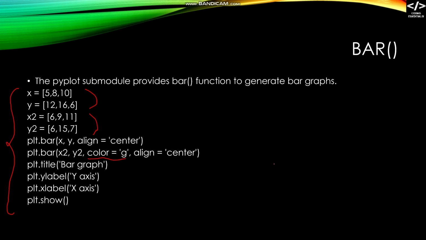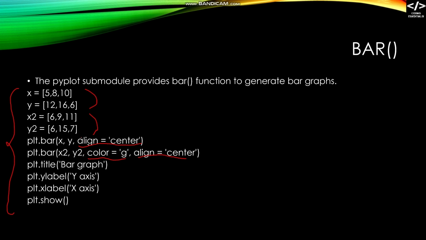We set color equals 'g', and there will be one more argument here, align equals center, so it will be center aligned. plt.title is Bar Graph, plt.ylabel is Y axis and plt.xlabel is X axis, and show.